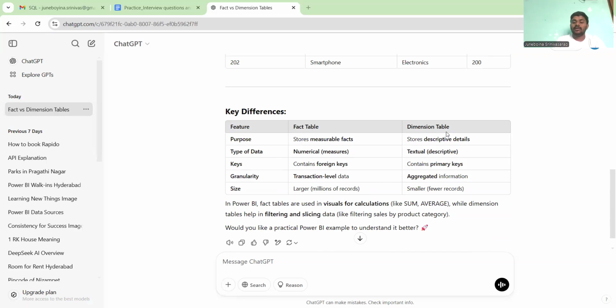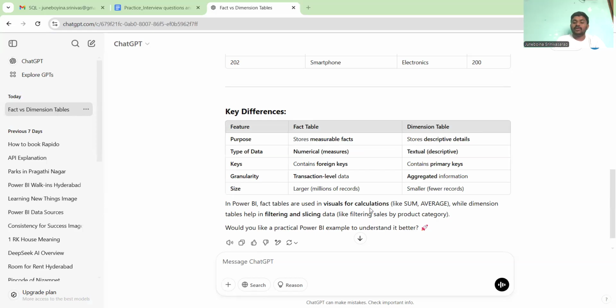The data presented in dimension tables is textual or descriptive data. Fact table contains foreign keys. Dimension table contains primary keys. The granularity of fact table is transactional level data. Dimension table granularity is for aggregated information.